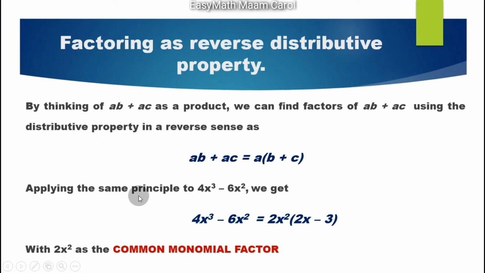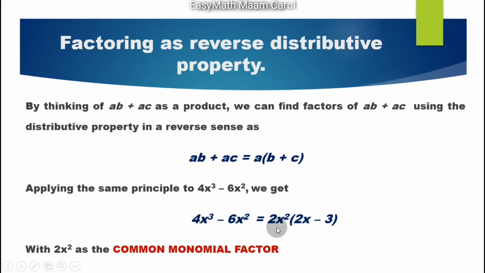So, take note, kabaliktaran siya ng distributive property. So, if we are going to apply the same principle to this particular example, 4x cubed minus 6x squared, ang common factor nito, let's start with the coefficient. Yung 4 at 6, ang common niya ay 2. And then, dito naman sa variables, ang common factor niya ay x squared. So, i-divide natin isa-isa yung terms na to with 2x squared para makuha natin yung laman sa loob. So, 4 divided by 2 is 2.